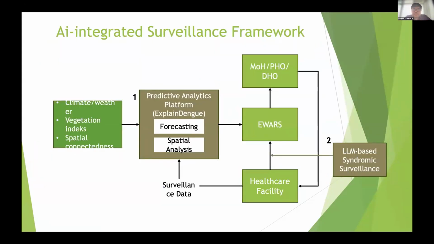This is the framework that we offer, that we can provide an integrated surveillance system and predictive analytics. For now, with the use case for dengue, we included it into the EWARS system or SKDR in Indonesia, and also we provide LLM-based syndromic surveillance to automate the reporting of syndromic surveillance from the healthcare facility or puskesmas.